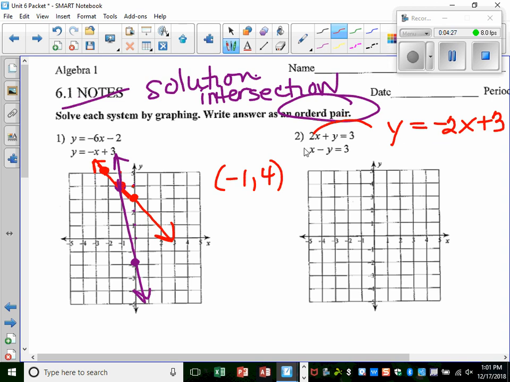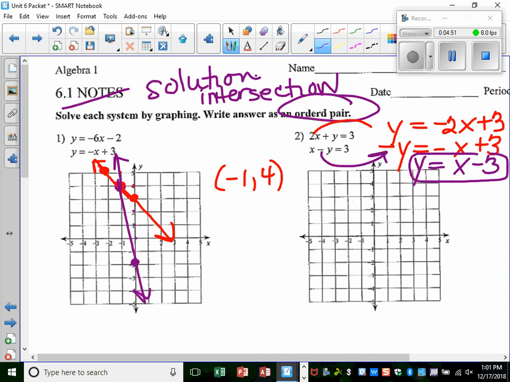I'm going to do the same thing here, solve it for y, so I'm going to move this over. Now that's going to be -y equals -x plus 3. Then I'm going to divide everything by the negative. So y equals x minus 3. Don't forget to bring that down right here as a -y. So here are my 2 equations I'm graphing. Simply solving for y.